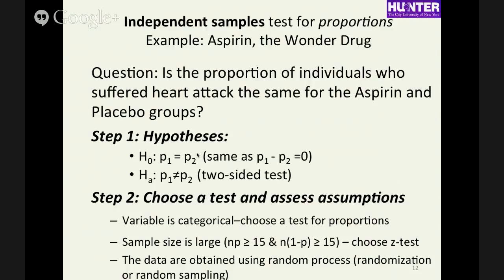And the alternative is that they're not equal. We have a significantly large sample size, so we can go ahead and use the normal approximation to the binomial distribution, and we can do a z test. And of course, the data must come from a random sampling process.